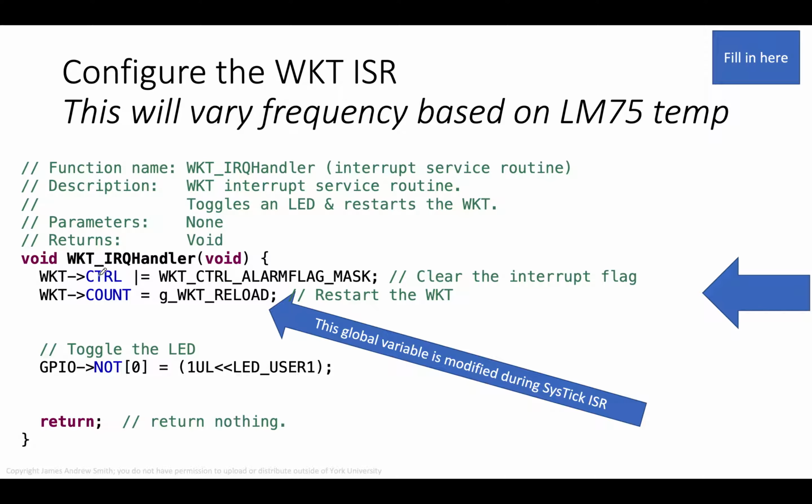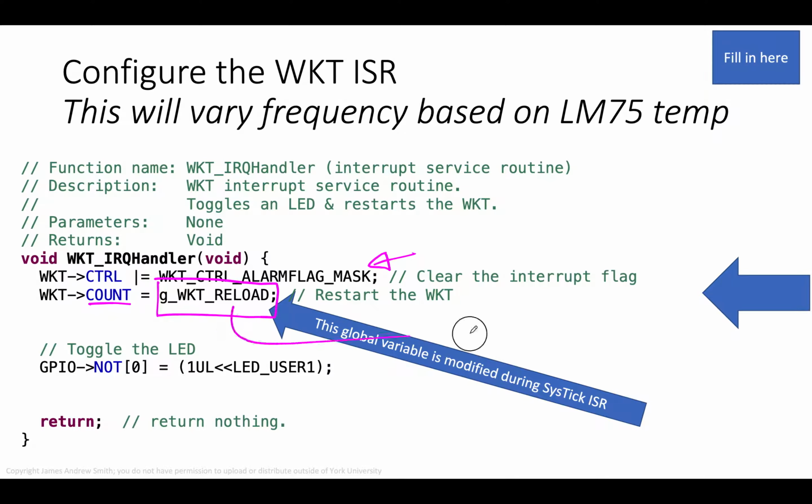Then we have the wake up timer interrupt request handler. Basically what's happening here is you have to reset every time you call the interrupt service routine. You have to reset the alarm flag that was generated to make it actually get called. And then you load a new value into the wake up timer count register.